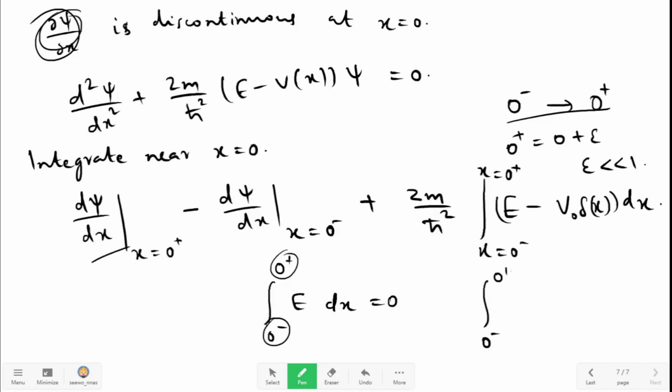The integral from 0 minus to 0 plus of minus v naught Dirac delta psi dx is not 0, because the peak point of the Dirac delta, which is x equal to 0, lies within the limits of the integral. There is psi here, I forgot to write it. This is psi of x, so this integral will be equal to psi of 0.